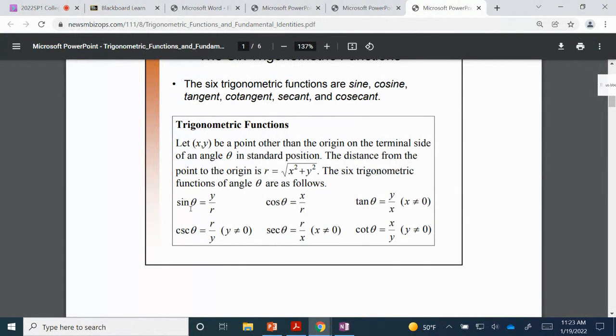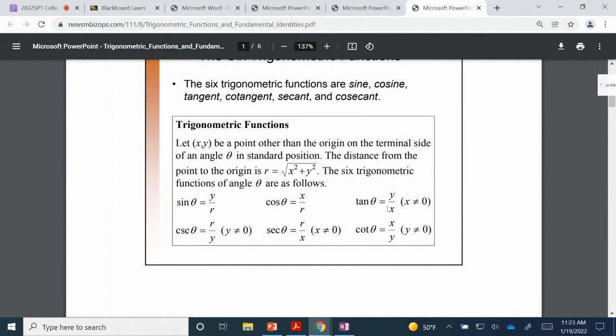So the sine of any angle in the unit circle would simply be the y value, and the cosine would simply be the x coordinate, or the x value, for your angle.